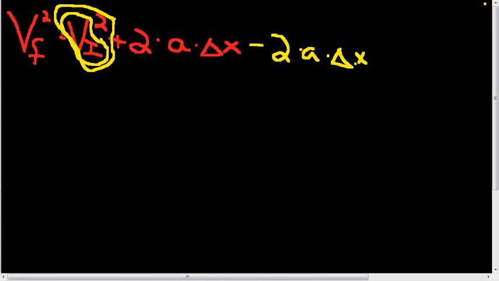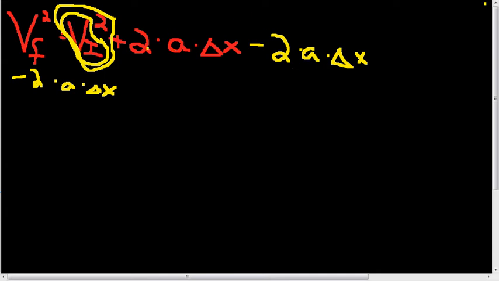And even though I didn't leave myself much room, on the other side of the equation, we have to do the same thing. Whatever we do to one side of the equation, we have to do to the other. So over here underneath, I'm going to say minus 2 times acceleration delta x. Now, on the right side, we have a positive 2a delta x minus 2a delta x.